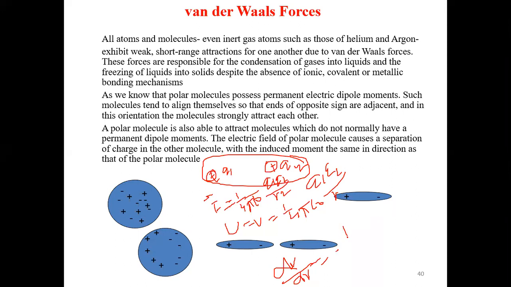So it will be minus 1 by 4 pi epsilon naught Q1 Q2 divided by R square. Now this term is basically F. So dV dr equal to minus F.